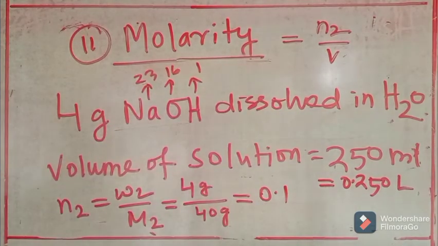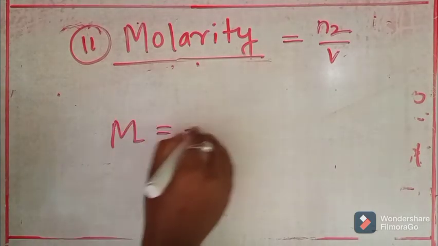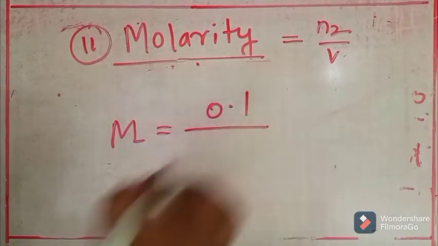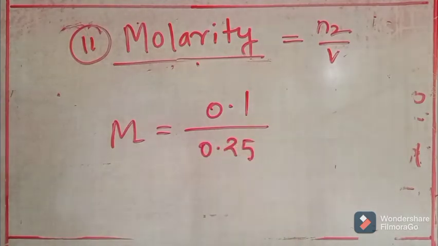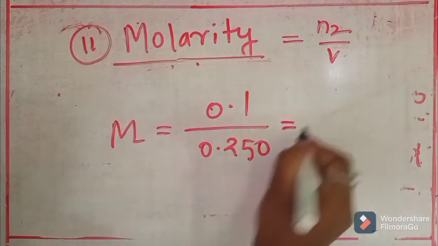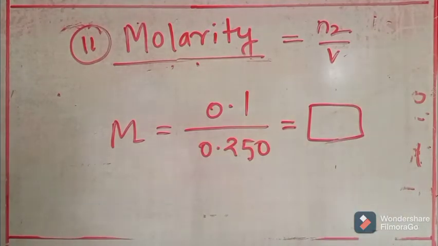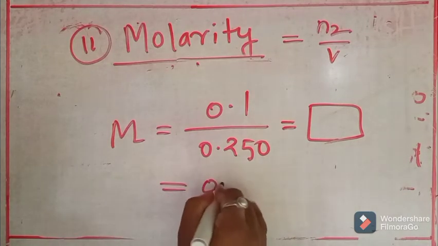Now we have the values for N2 and V, and we put them into the equation to get the molarity. Molarity M equals 0.1, the value of N2, divided by 0.25, the value of volume. Calculating, it comes to 0.4.